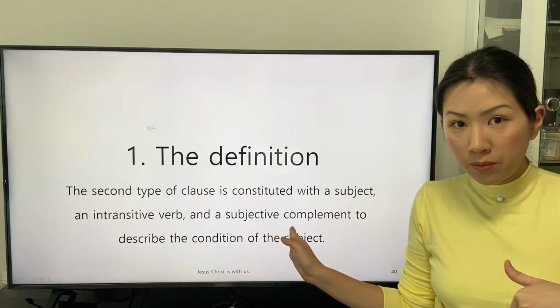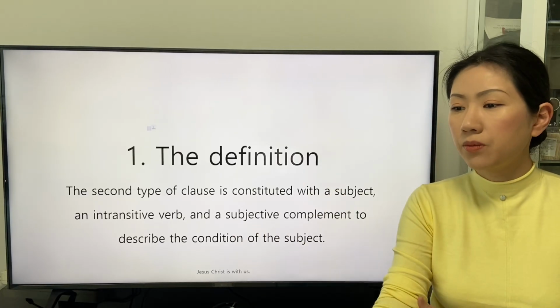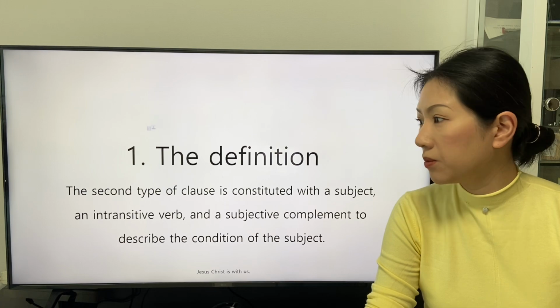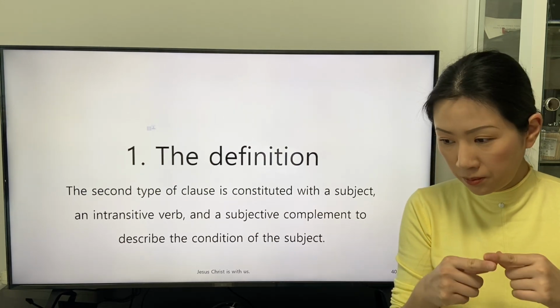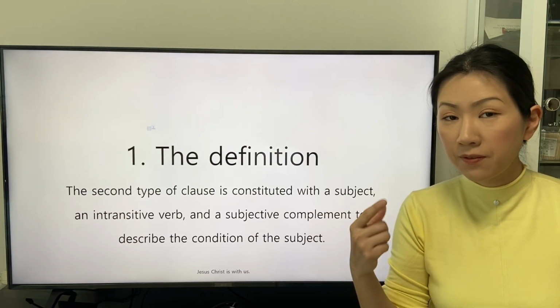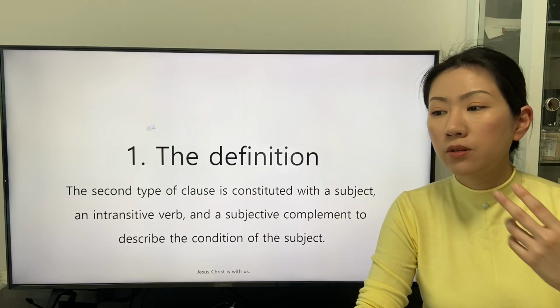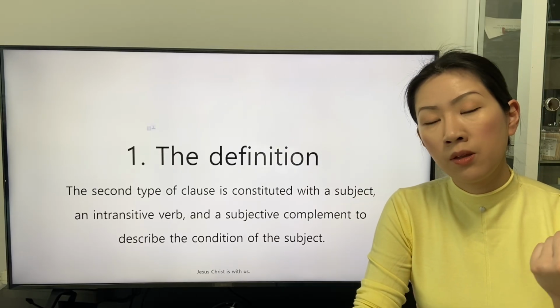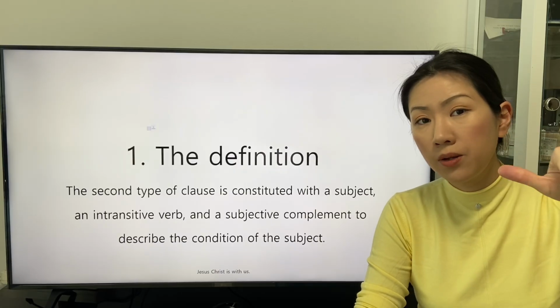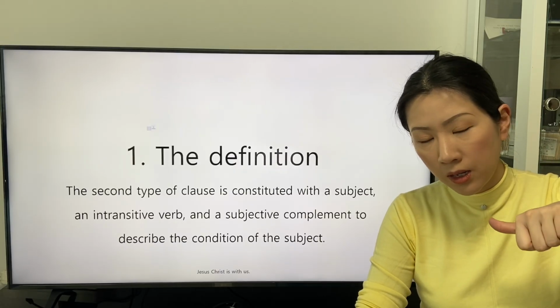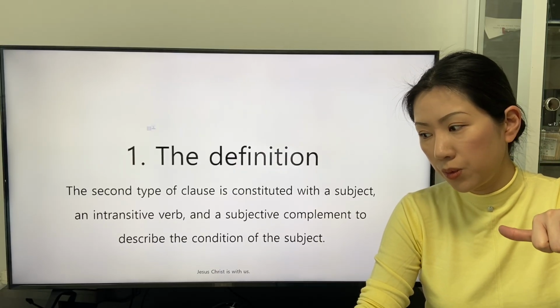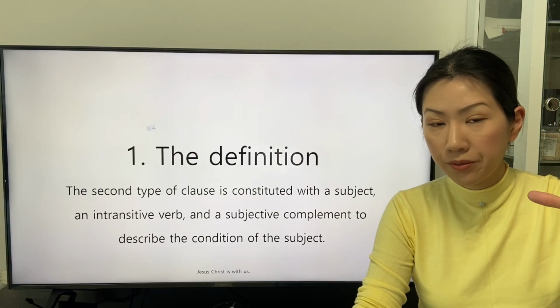The subjective complement describes the condition of the subject. The subjective complement can describe the subject in two ways. The first way is to describe the condition.